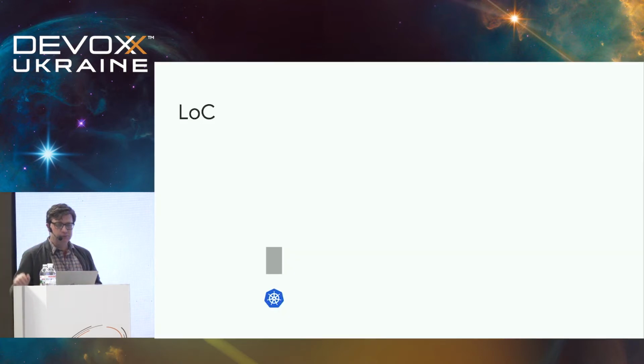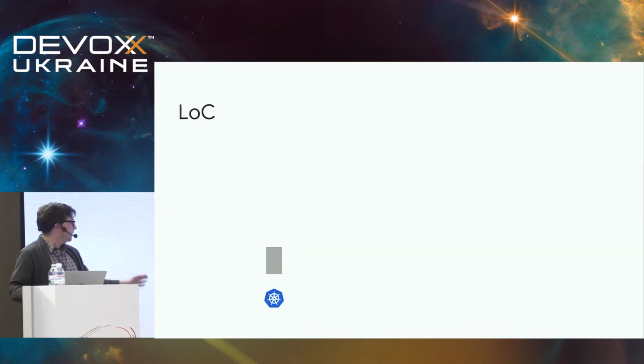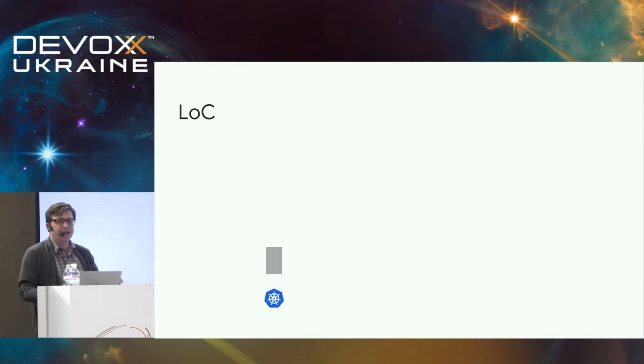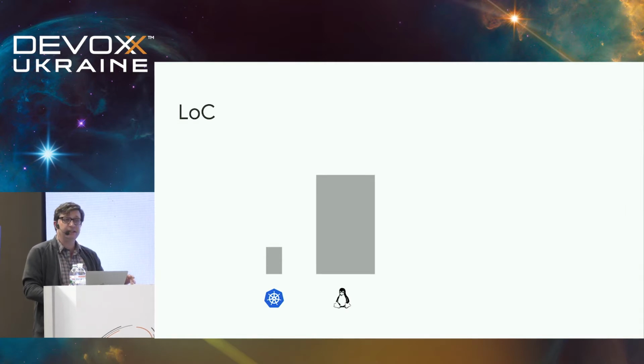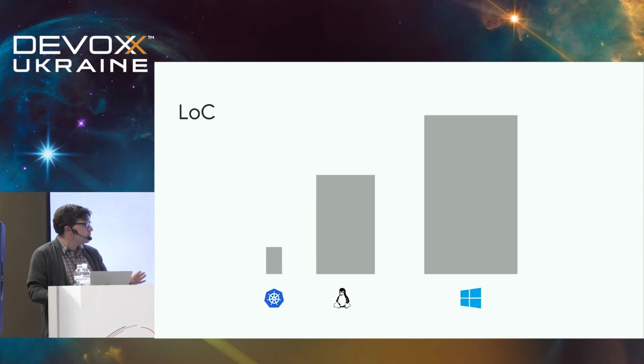How big? Well, here's Kubernetes, popular open source package you've probably heard of. It's got about 1.5 million lines of code. Here's Linux, which is on the order of 20 to 30 million lines of code. Here's Windows, which is, of course, proprietary, but it's believed to have about 50 million lines of code.